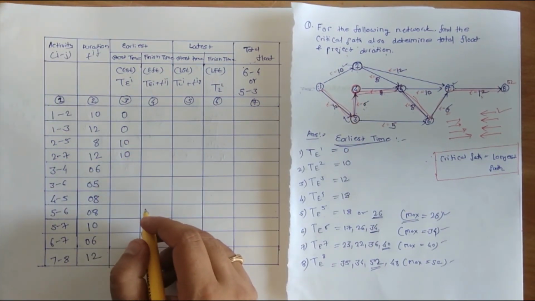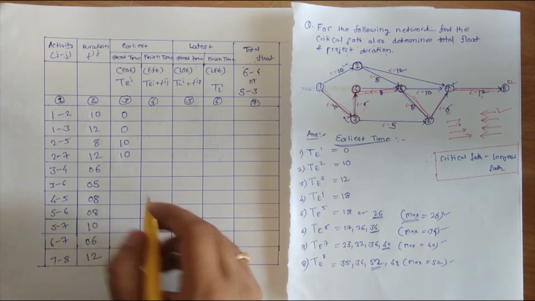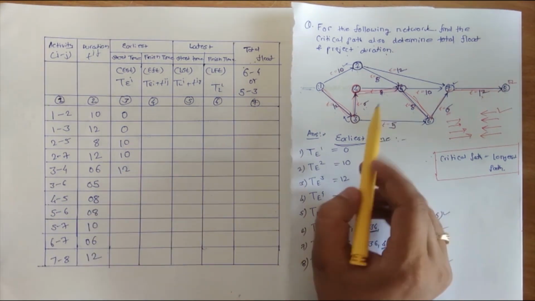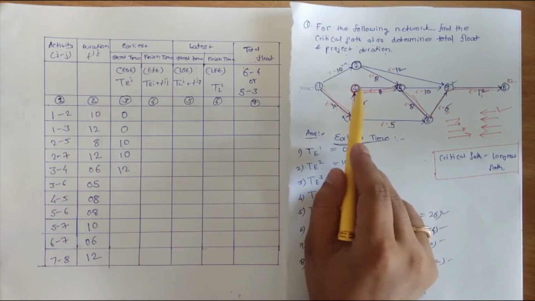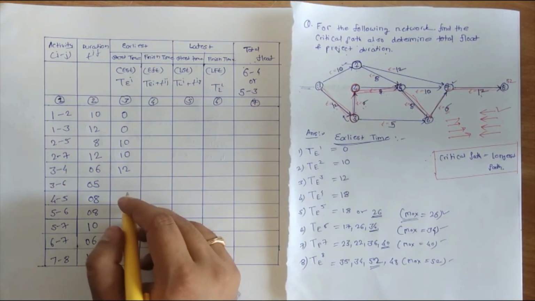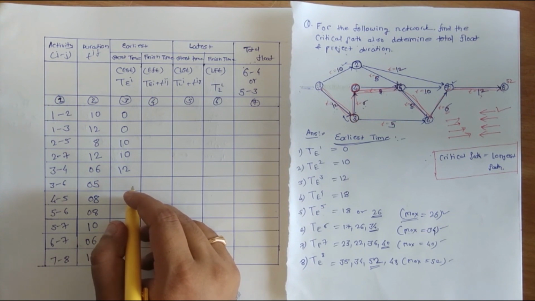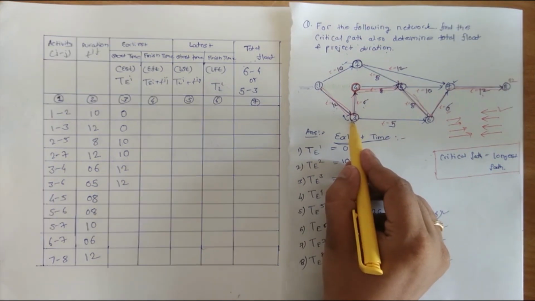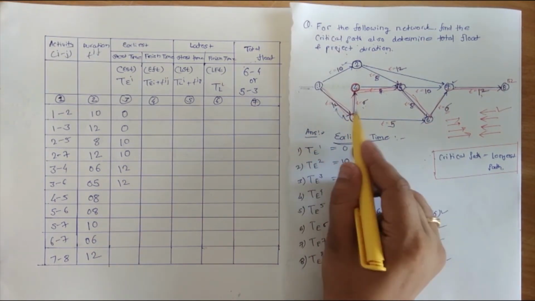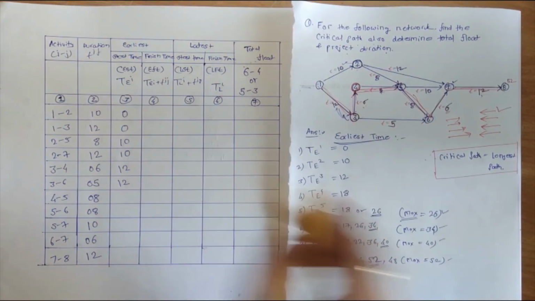Then 3 to 4 it is 12, the preceding activity gives 12. Then 3 to 6 it is also 12, the preceding activity again gives 12.